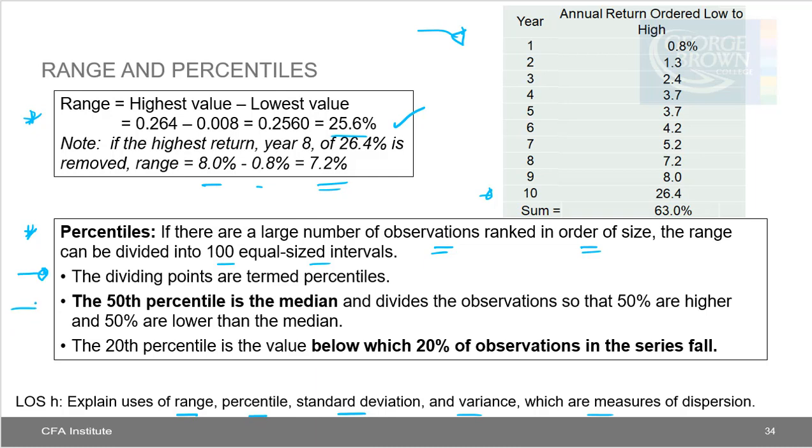So the 50th percentile is the median, and that divides the observations so that 50% are higher and 50% are lower than the median. So the very important thing to understand here is that the 20th percentile is the value below which 20% of the observations in the series fall.